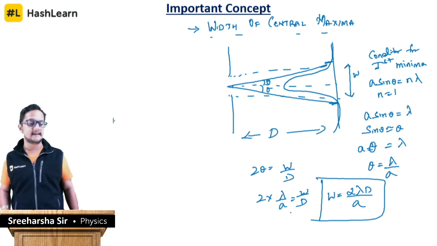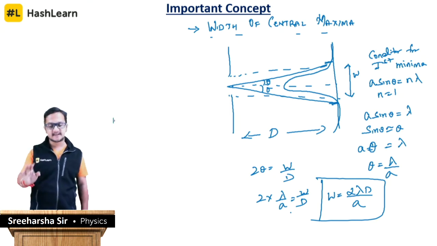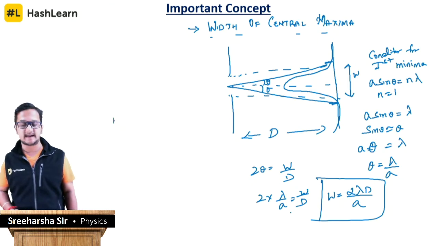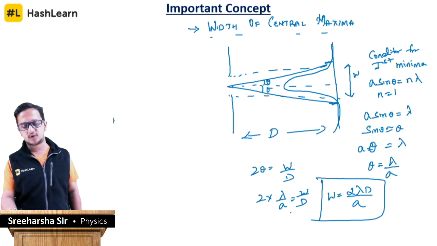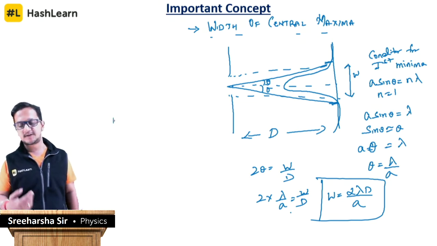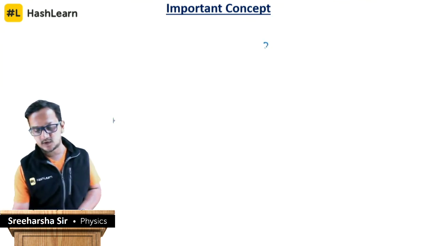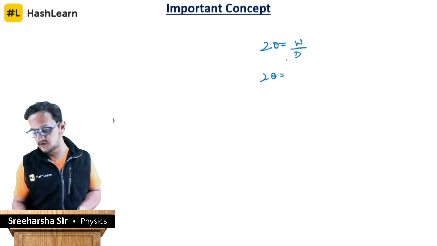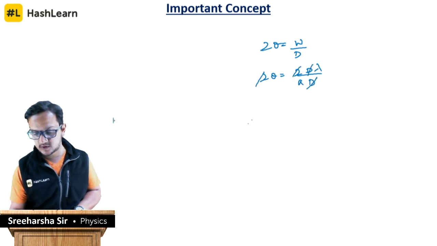This is the linear distance of the central bright maxima, and the angular distance can also be calculated over here. We know that 2 theta equals W by D. From this, 2 theta equals, and the width is given by 2 D lambda by a into capital D, which gets cancelled, 2 gets cancelled.